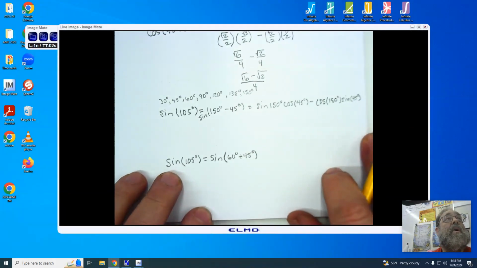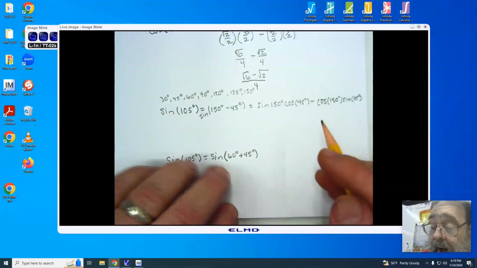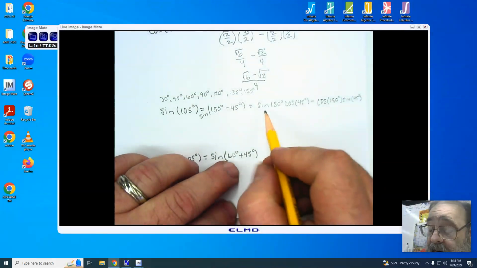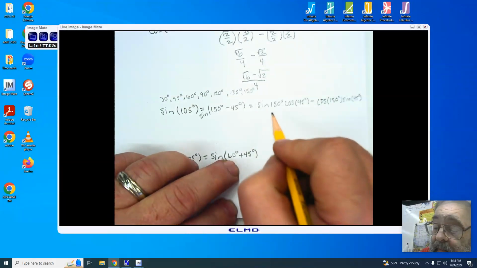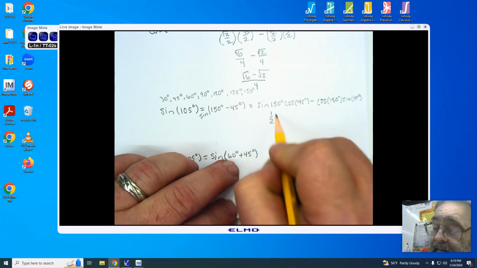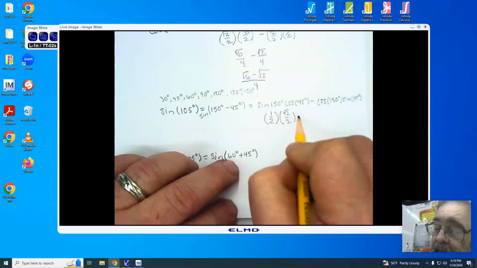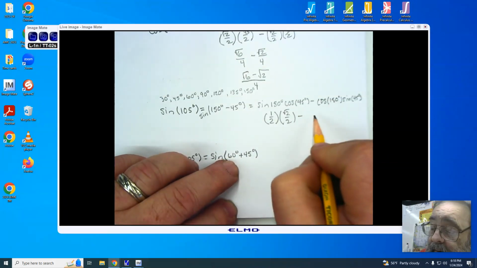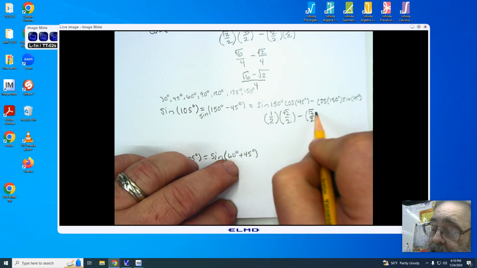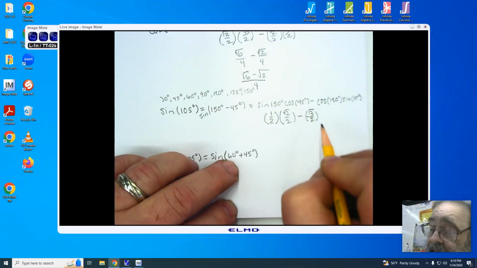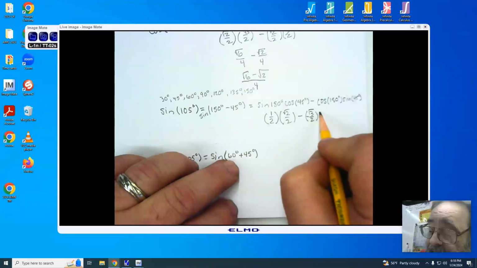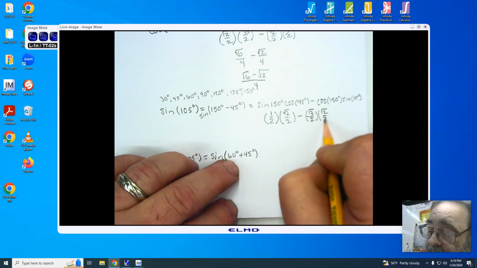We're now going to use our reference angles and our knowledge of our ratios. The sine of 150 degrees is 1/2. Cosine is root 2 over 2, minus. The cosine of 150 degrees is root 3 over 2, and it is a negative, and we have the 45 degree, which is root 2 over 2.